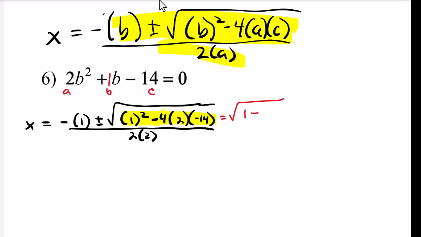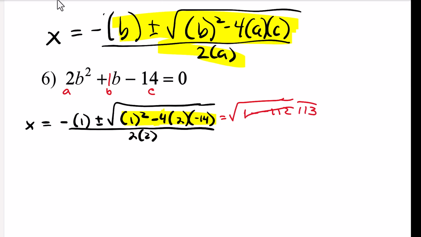Subtract 4 times 2 is 8. 8 times negative 14 is negative 112. So when you add those two together, you get positive 113.